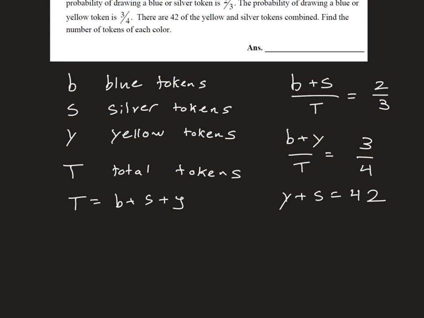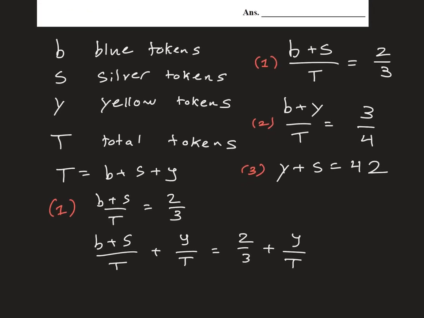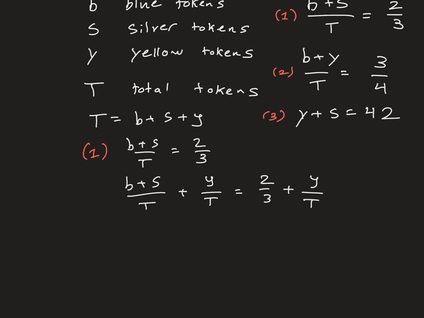So now let's look at this first equation. We'll call it equation number 1. Let's try adding a term, number of yellow tokens over number of total tokens, to both sides. And this simplifies.